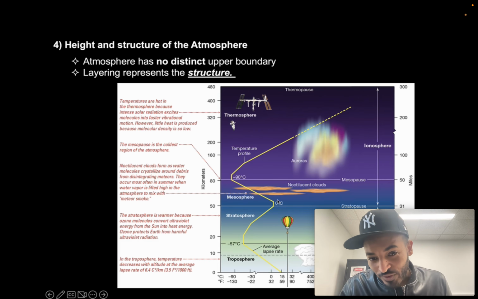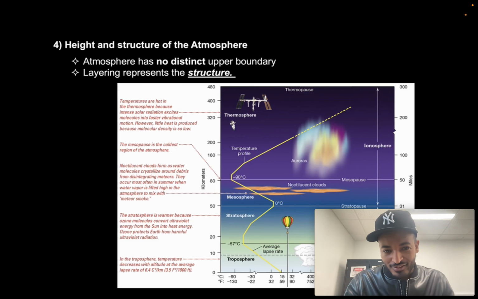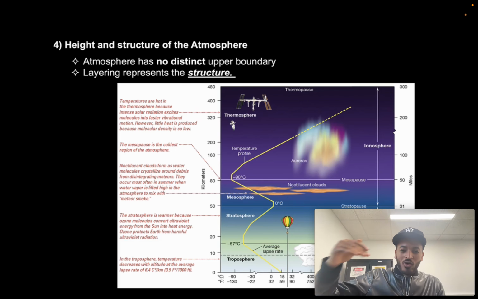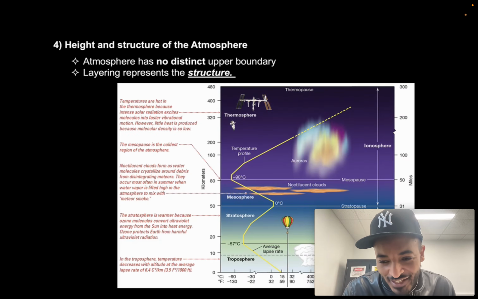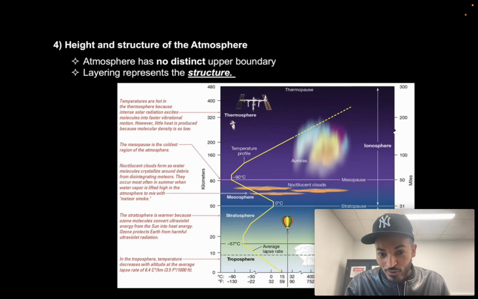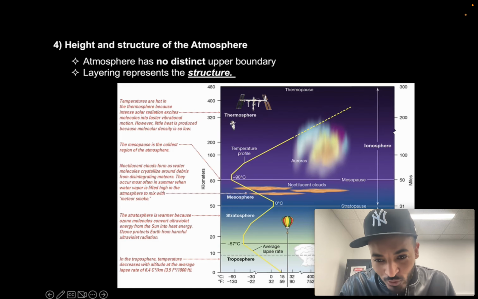While in the stratosphere, the temperature, instead of decreasing with distance, actually increases as we go higher and higher. One of the reasons, the main reason, is that you all know this: in the stratosphere is where we have the ozone layer.